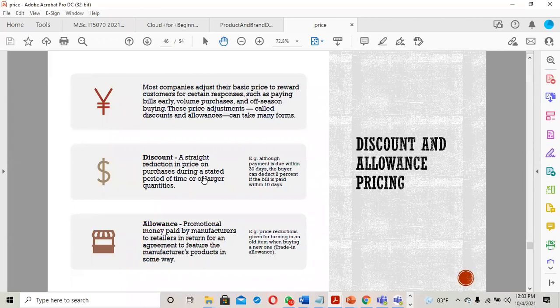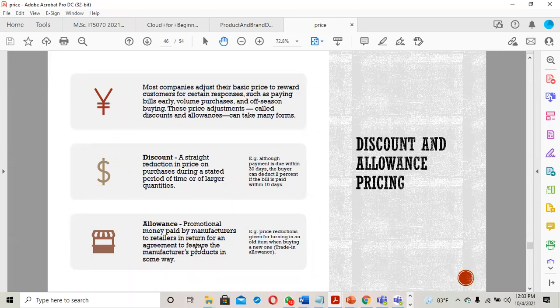So you have a set of conditions in terms of time duration and how much you spend. Then you can reduce the price. Okay, that is a discount.